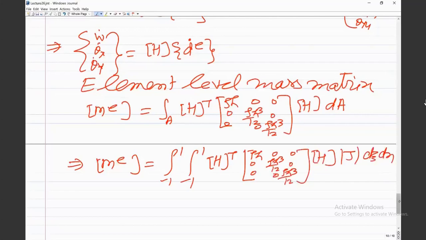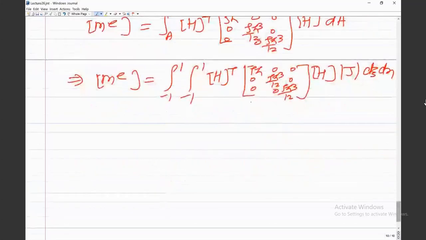And then what you can do is you can denote this by CM, so you can write it in the Cartesian form. So finally you can say that ME will be equal to this, and you will again evaluate this using Gauss quadrature numerical integration.